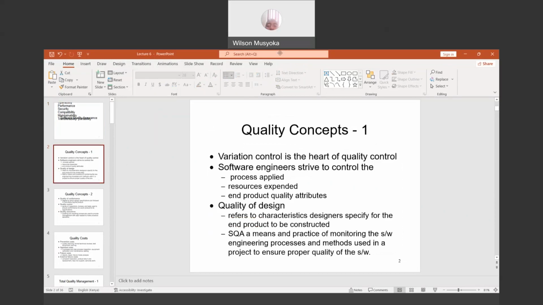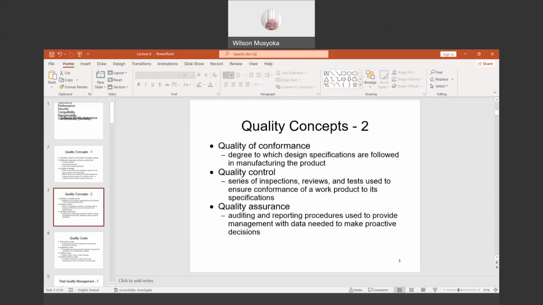So basically, that is what it means. And in this class, we want to understand what these quality concepts are. So when we are looking at quality concepts, one is the quality of conformance. And here we are looking at the degree to which the design specifications are followed.